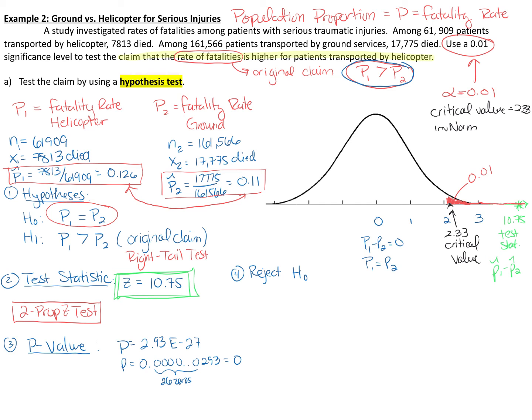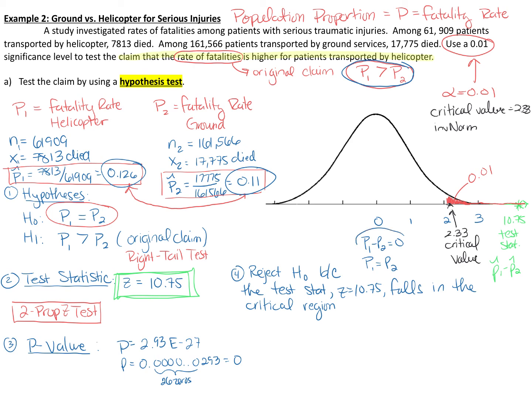I know I'm going to reject it because using the critical value method, the test statistic, which is 10.75, falls in the critical region. And this again tells us that the difference that we see in our sample data, the difference between p hat 1 and p hat 2, is significant enough for us to reject that the difference between P1 and P2 is 0. Okay. All right.